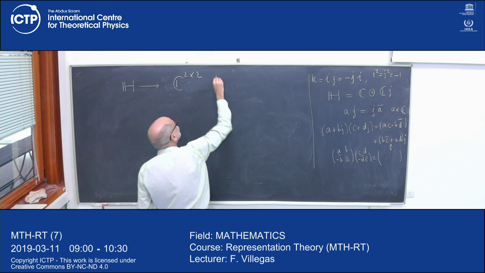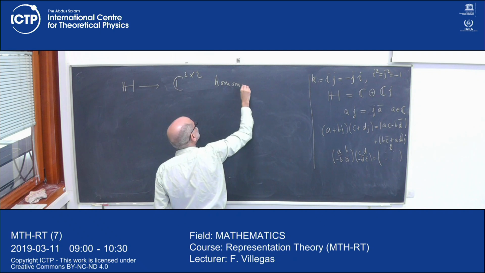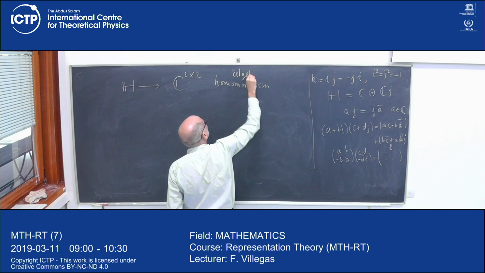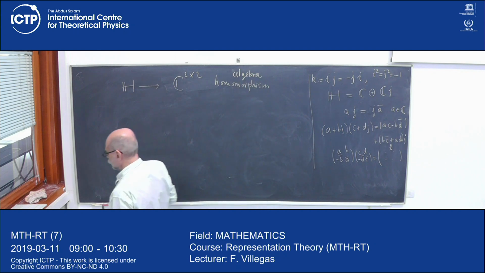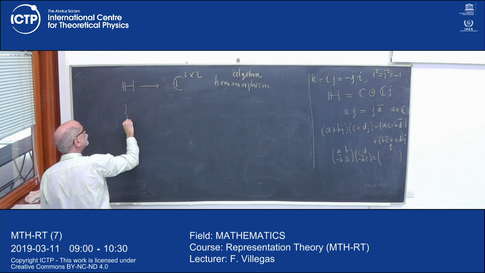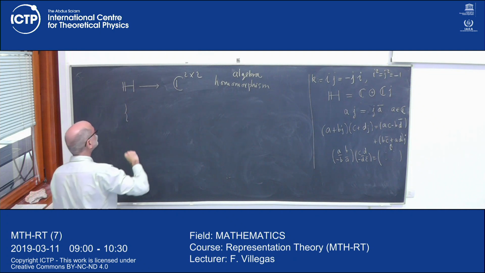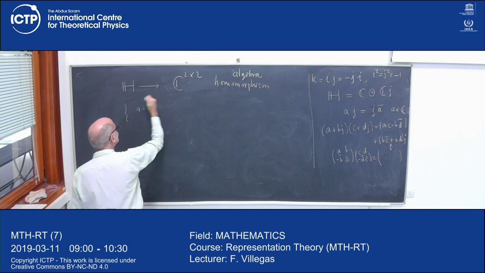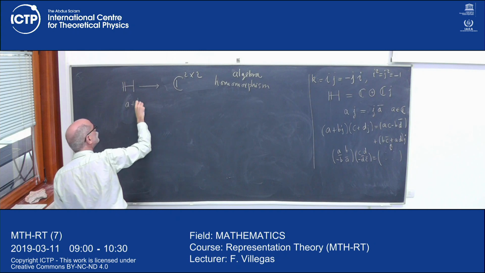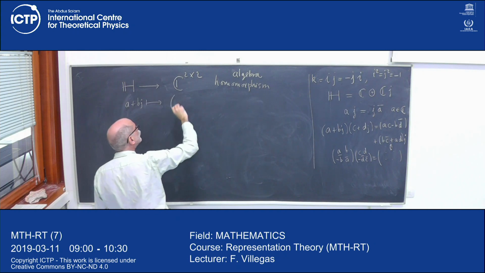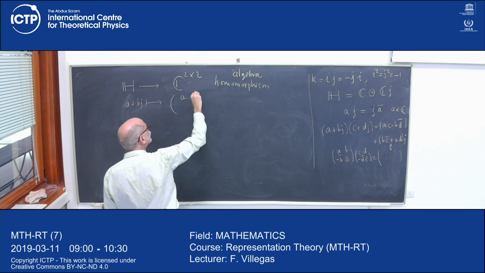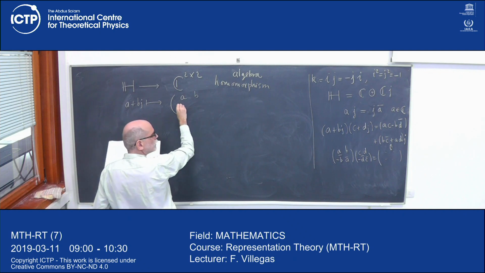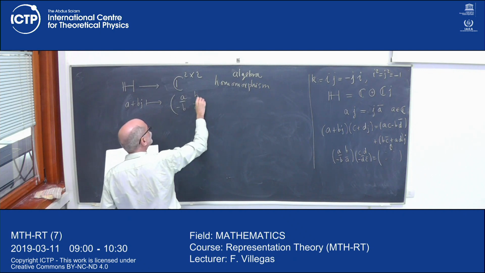This is a homomorphism of rings, of algebras, and in here we have the quaternions of the form a plus bj. This map takes a plus bj to the matrix (A, B; minus B bar, A bar).